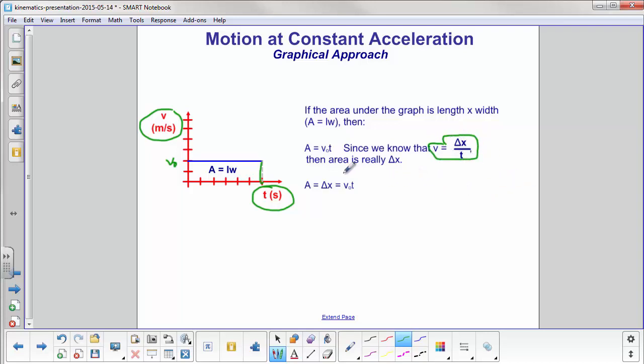So if we multiply this through, we have velocity times time equals displacement. So the area under this curve is displacement, v0t. So we have delta x is equal to v0t. That's what we find from this graph.